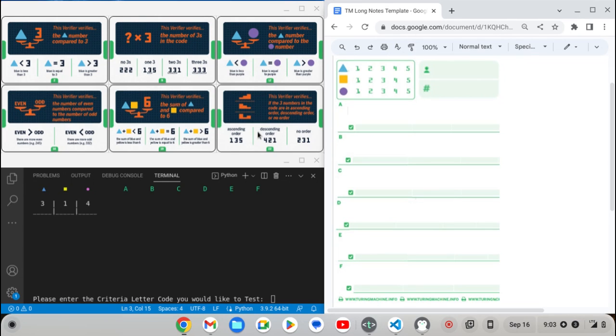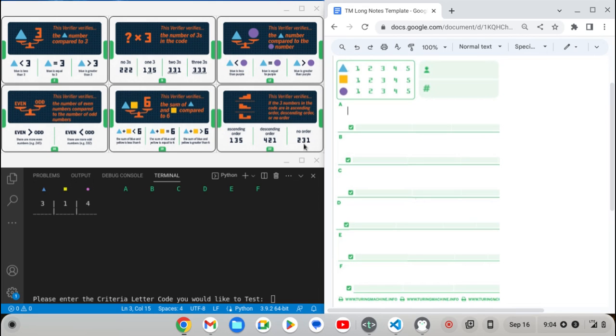And finally, criteria card F again looks at our 3-digit solution, but this time it'll let us know a little bit about its structure, specifically from triangle to square to circle. Basically, the 3 possibilities are the code may be in an ascending order, meaning that the digits are increasing, as in the example 135, or they could be in a descending order, meaning that they're decreasing and they go from 4 to 2 to 1, or potentially they may have no order, as in the example 231.